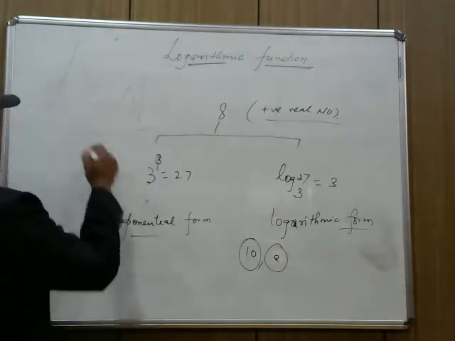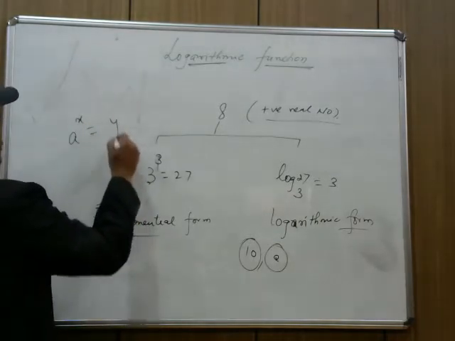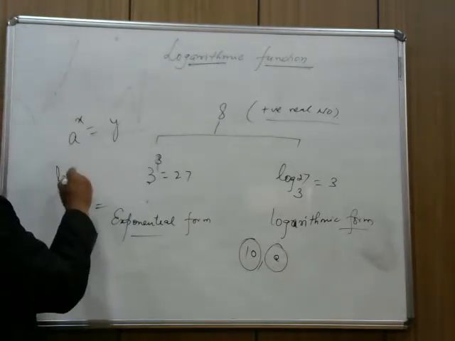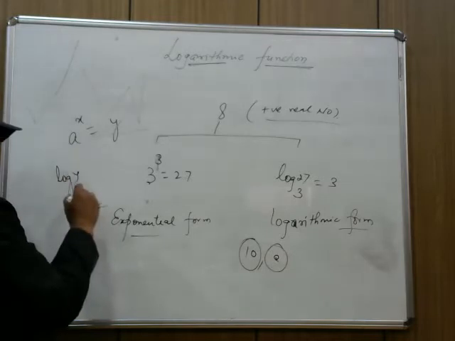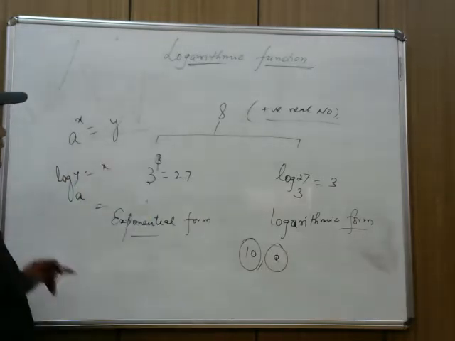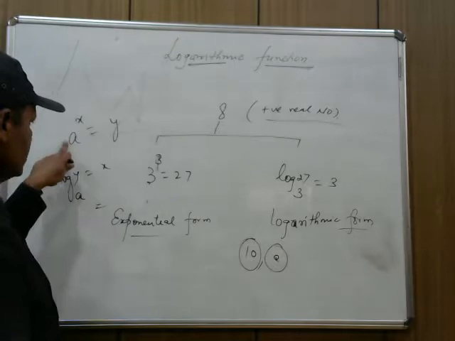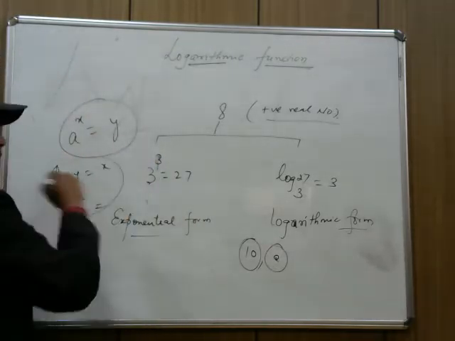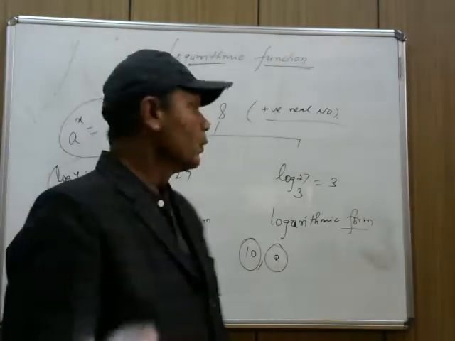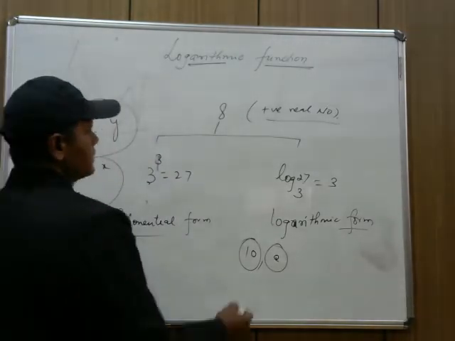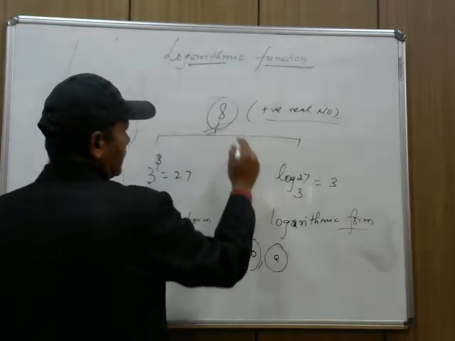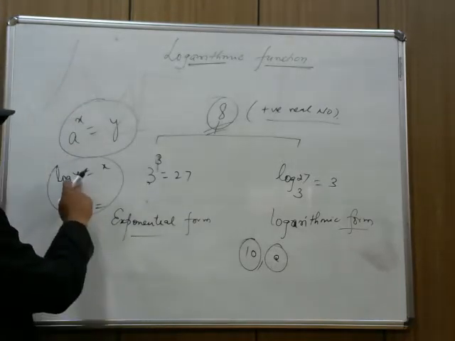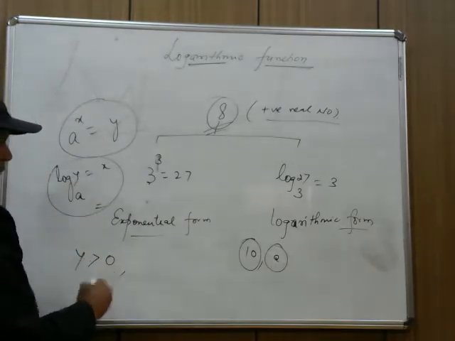Now in general, if I write a to the power x is equal to y, it means log of y to the base a is equal to x. This is the exponential form, and this is the logarithmic form. The number should be a positive real number, so in log of y, y should be greater than 0.